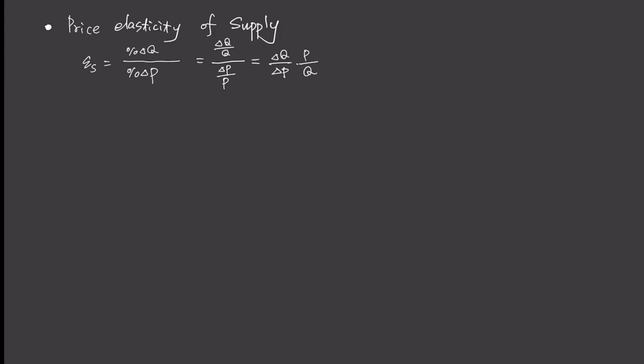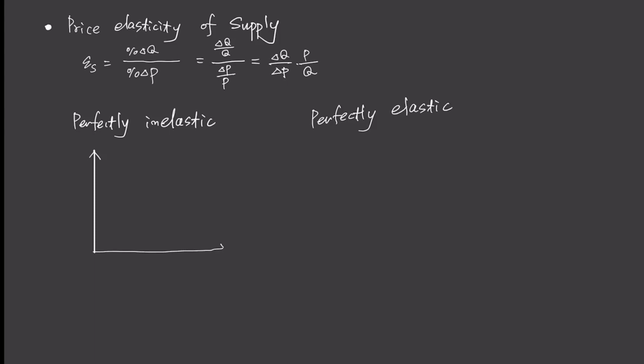And we can easily see exactly the same versions, perfectly inelastic and perfectly elastic. Same reason, right? Perfectly inelastic should have elasticity equal to 0. Whatever price changes, quantity doesn't change, so it is a vertical line.